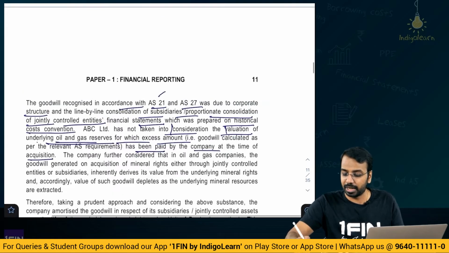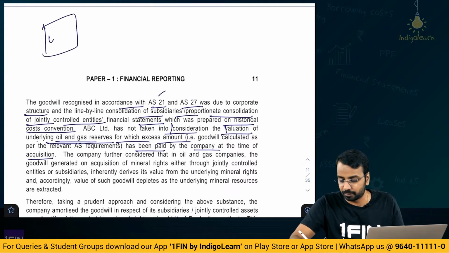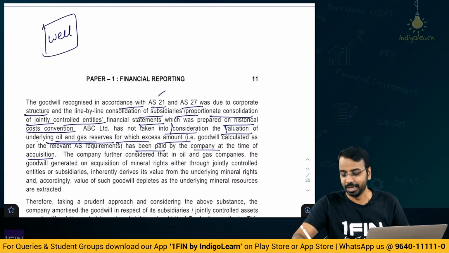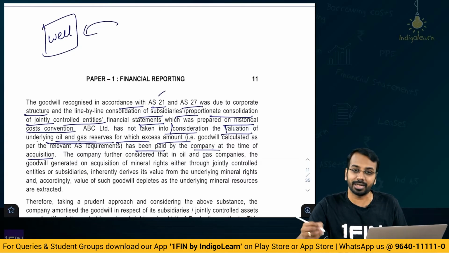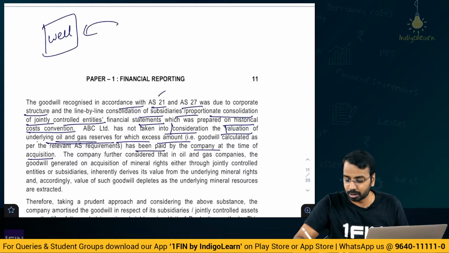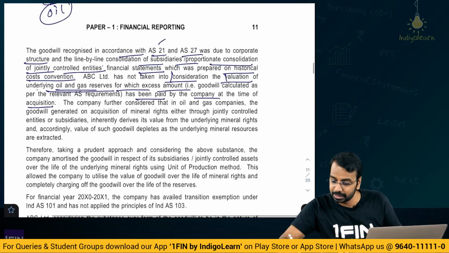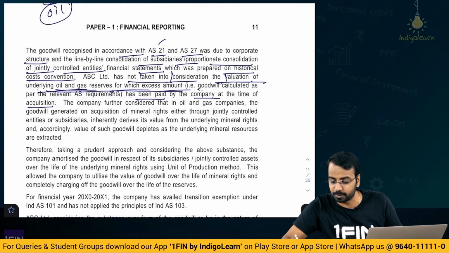So, if you are acquiring an oil well, let us say this is a well, okay, and not the well where you draw water from, oil wells basically. When you are acquiring this well or when you are acquiring a company, you are paying for what? For the oil also inside the well, but they have not taken into consideration the valuation of underlying oil and gas reserve for which excess amount has been paid.